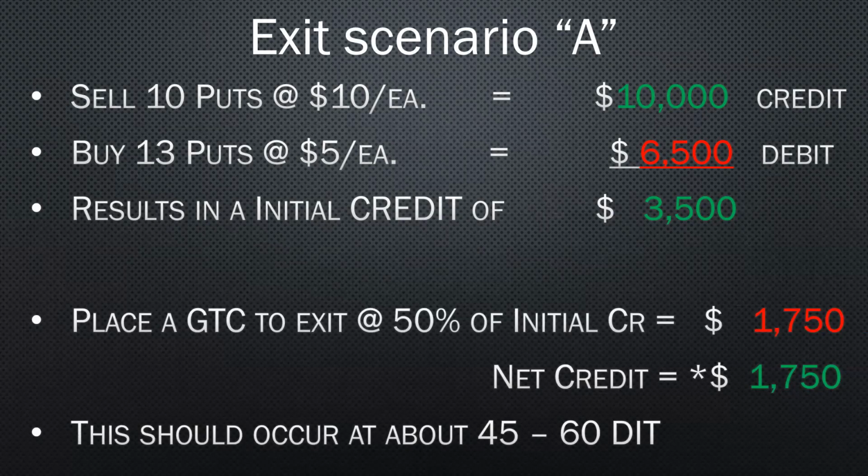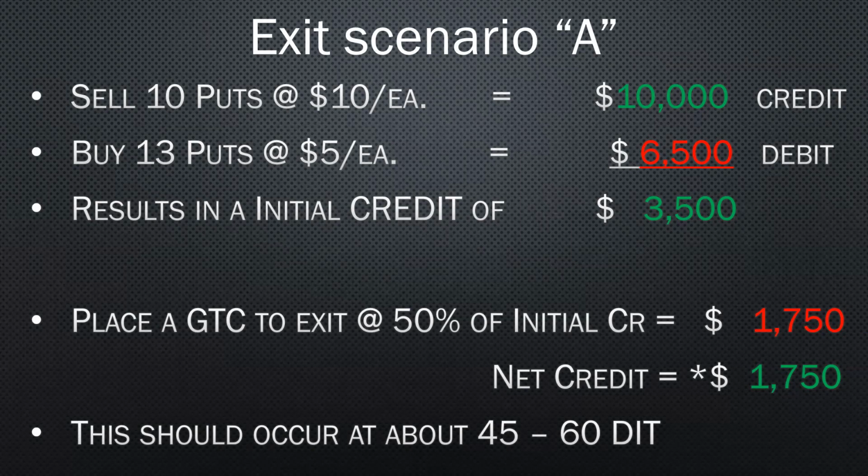It should occur at about 45 days, maybe as long as 60 days, depending on how the market is behaving between the time we enter the trade and the time we're able to exit the trade. So this is the real simple exit strategy.